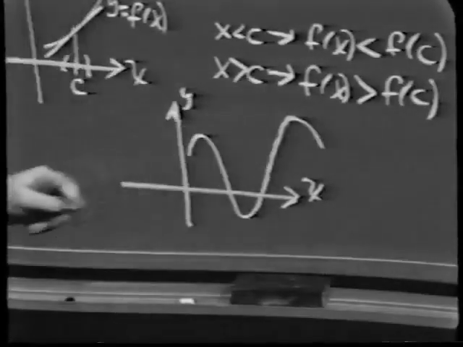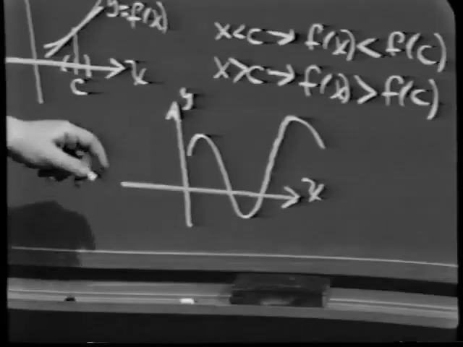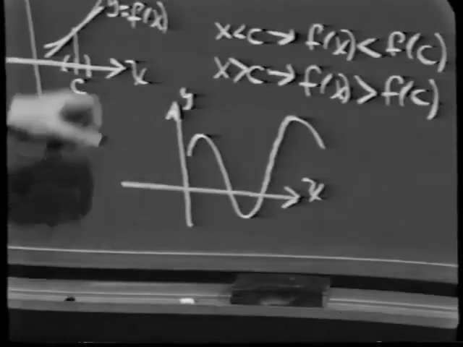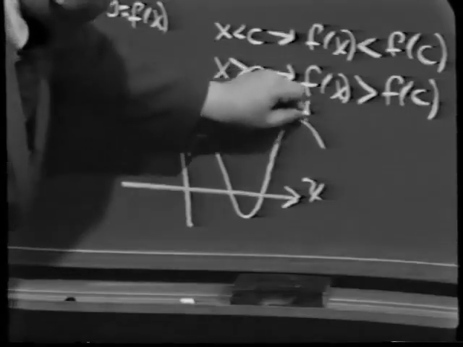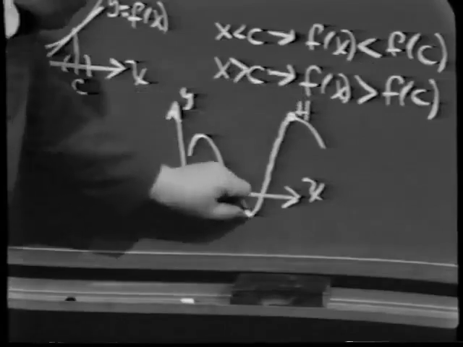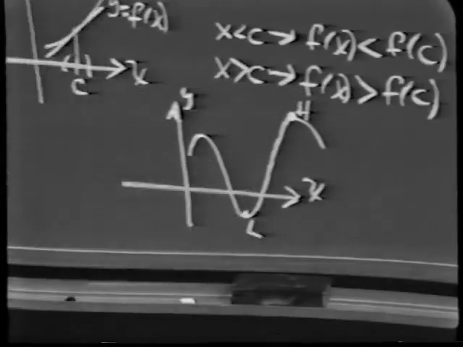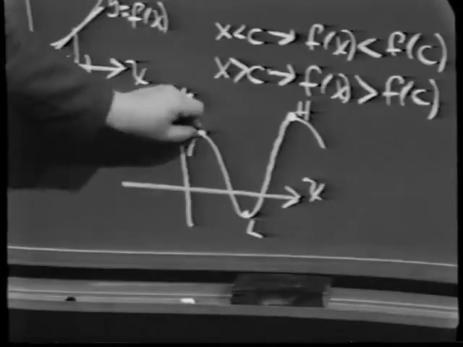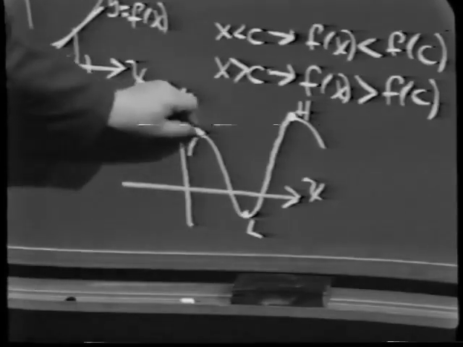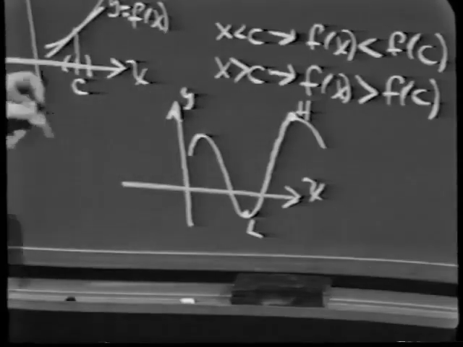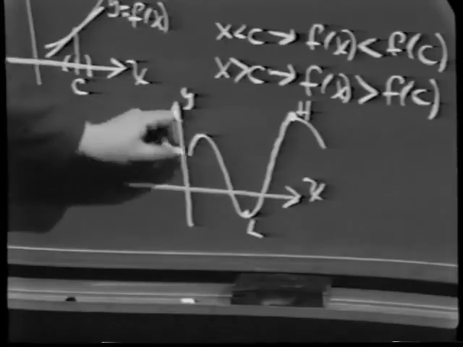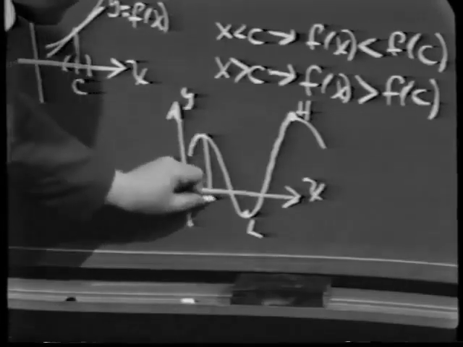See, if we drew a picture like this, and you say to somebody, where are the high and low points on this? I think it's quite natural that a person would say, well, this is the high point, I'll call that H. And this is the low point, I'll call that L. And he might tend to forget about this point here, because even though it's fairly high, it's not nearly as high as this point.